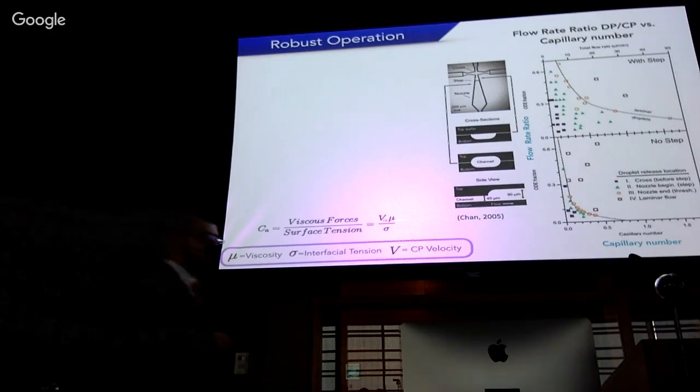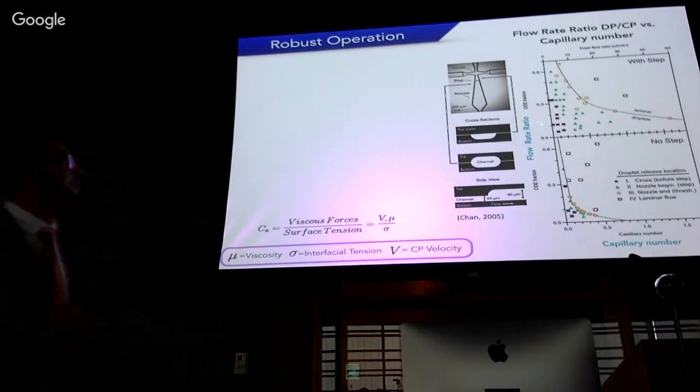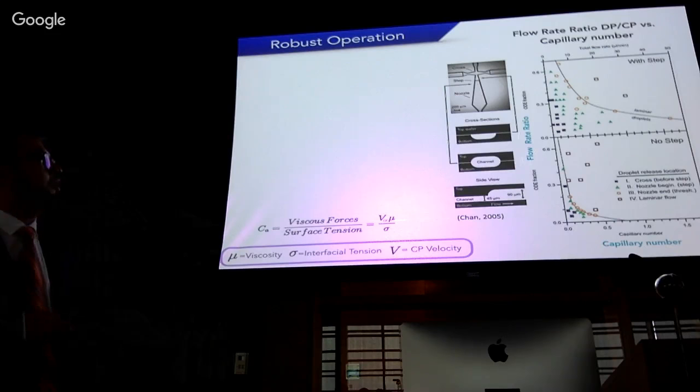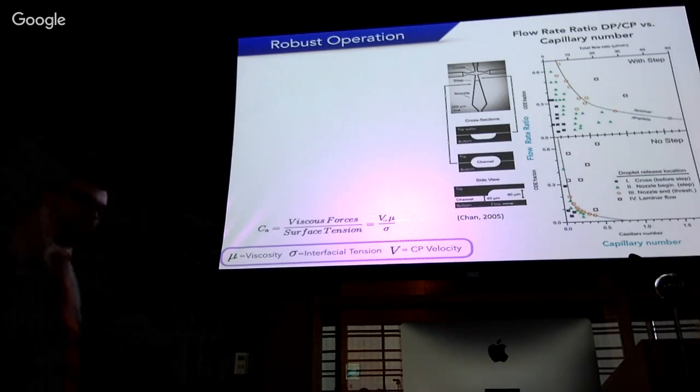So here I'm plotting this graph to show you the effect of this step. Here you have the flow ratio, and here you have the capillary number, which is related to the velocity in the continuous phase. This region here shows you droplets. This region here shows you no droplets.